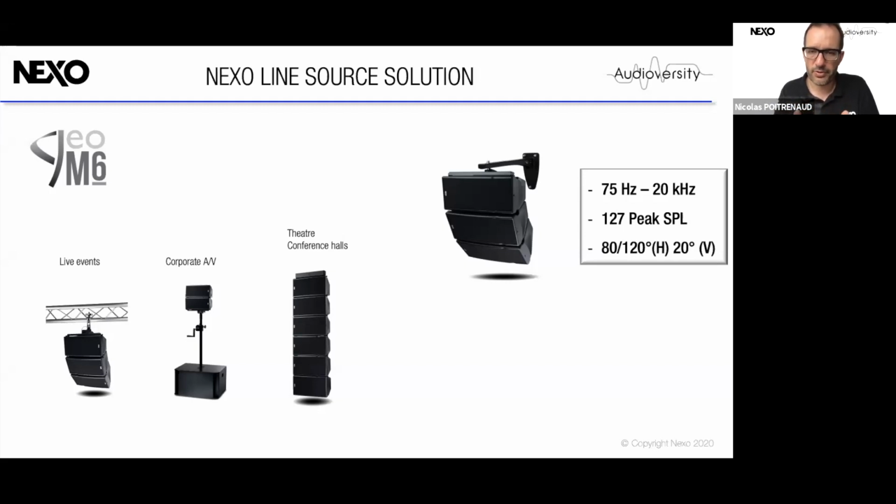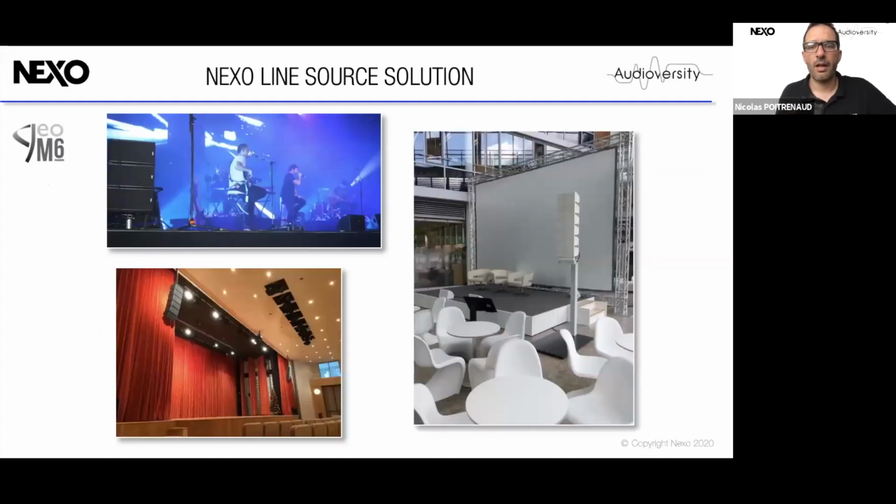We have two options available regarding horizontal coverage. Viscone by default with 80 degrees, but we can add flanges at the outputs of the waveguide and switch from 80 degrees to 120 degrees if we want. This is a typical coverage that we use, for example, for downfield cabinets.